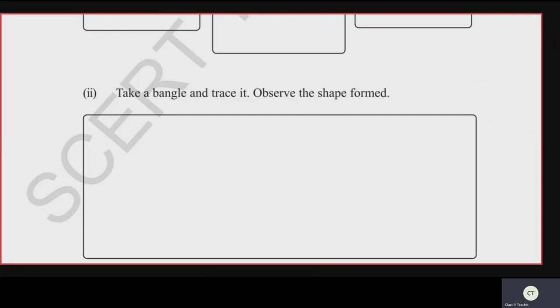Okay, children, this is a very simple activity. You place one bangle in your textbook. You draw in that given box only. Take a bangle and trace it, and whichever shape you observe on the sheet of paper, just write that shape name in that box itself. Okay, children?